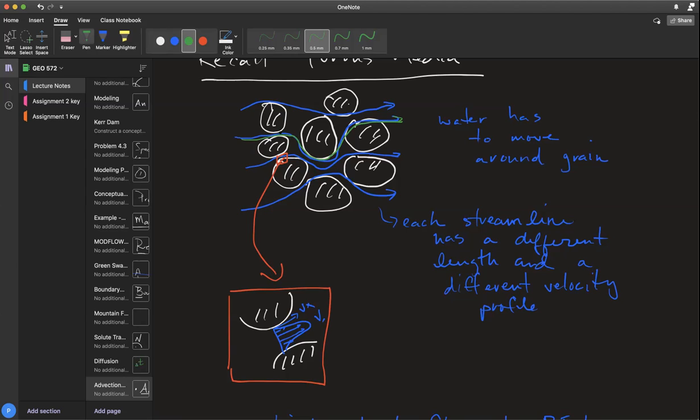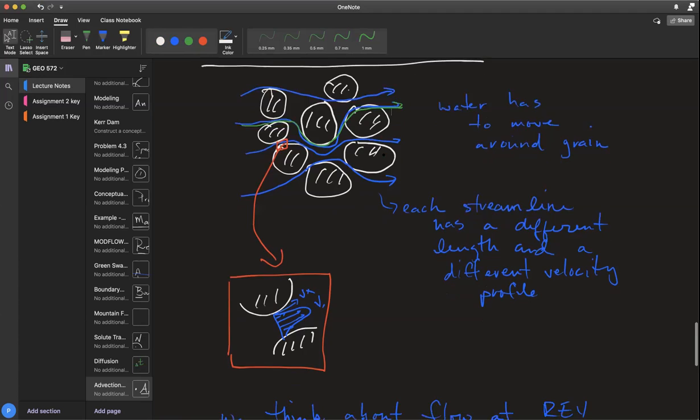Well, this would be a velocity that has a negative fluctuation added to it because it's slower than the average. Similarly, if I came through this big pore throat network with less tortuosity, this flow path might move faster through my REV than the green one. And we might describe this one as having the average velocity plus a positive fluctuation. So my velocity is faster, right?